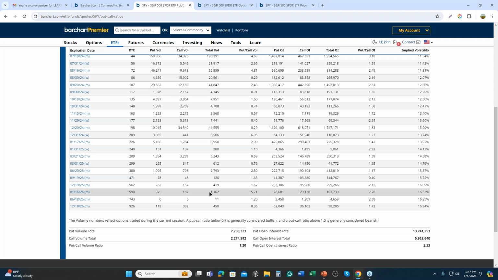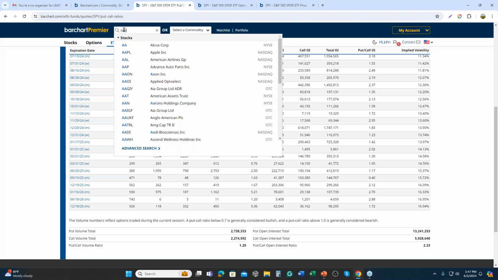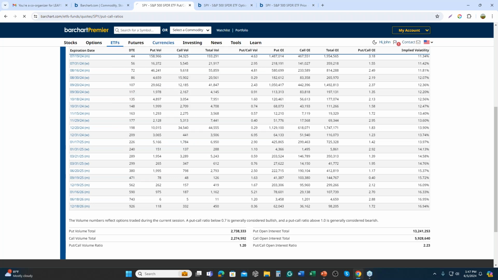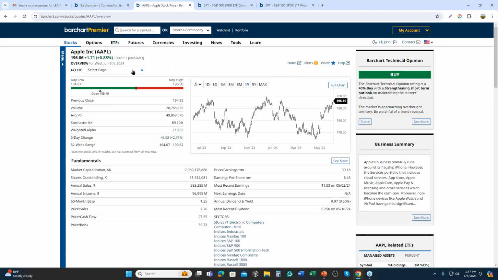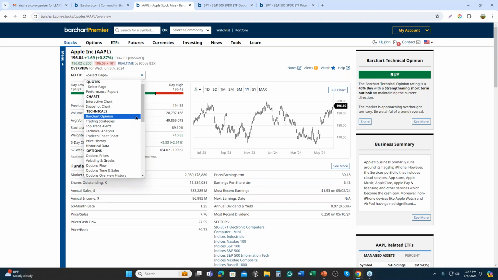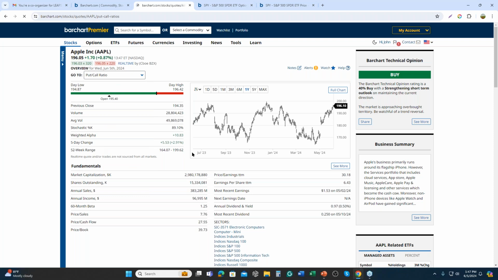So that would probably be a good threshold, maybe a couple hundred contracts on a daily basis, and maybe let's say 10,000 options if I'm looking at an ETF. But if I'm looking at a stock, maybe that threshold will be a little bit lower. Apple is a very actively traded stock, so maybe this is not a great example, Marco.